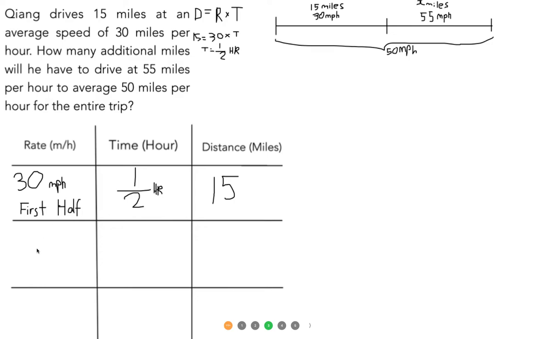And then for the second row, we can write the second half that he traveled. And the speed that he traveled for the second half was 55 miles per hour, so we can write 55.